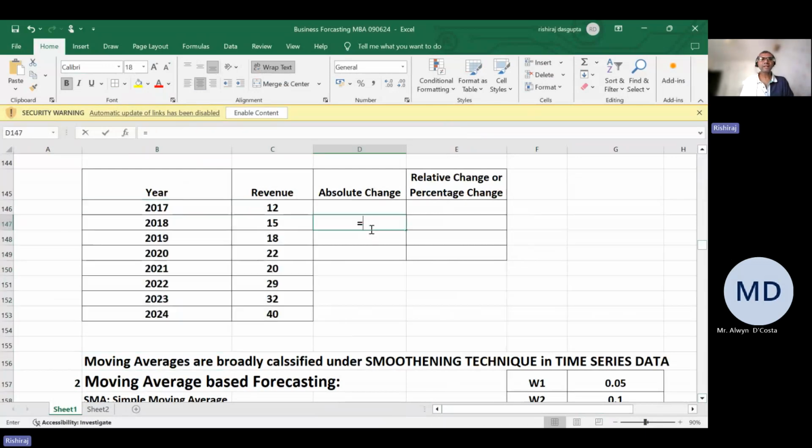Absolute change we can calculate as 15 minus 12.